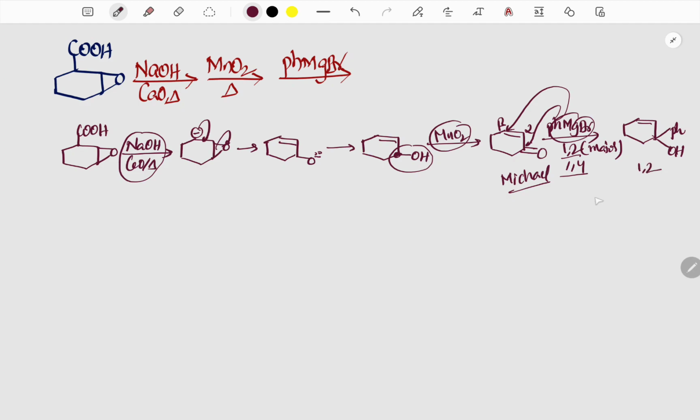And 1,4 is nucleophile attack at this carbon, and here a minus charge will form and we can consider acidification. So this is the 1,4 product. So for Grignard reagent, generally 1,2 is major.